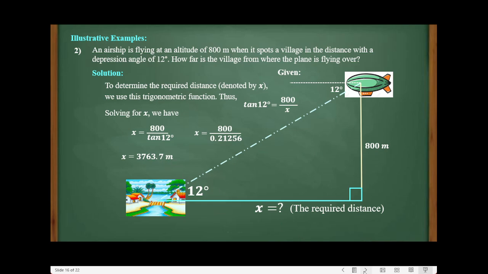Therefore, the required distance is what? 3,763.7 meters. Okay, so this is the distance of the village from the point where this airship is flying over.